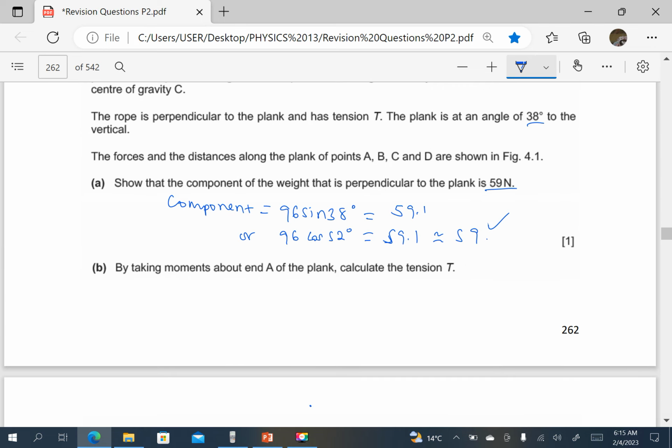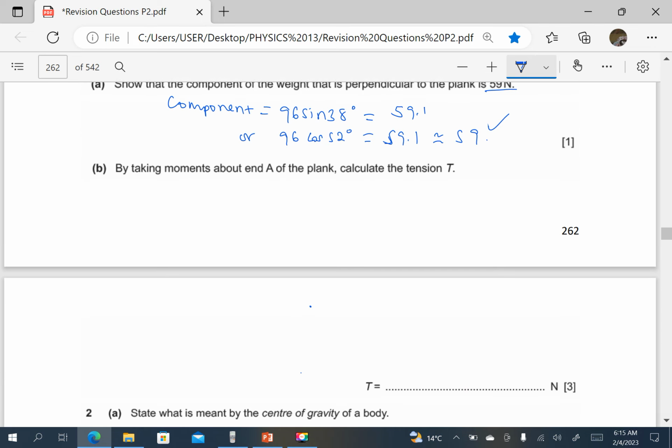So they said, by taking moments about end A of the plank, calculate the tension T. We have seen the moments. We have seen that the sum of anticlockwise moments was T times the perpendicular distance, which is 1.5 plus 0.3, plus the perpendicular component of the weight, which was 59, times its perpendicular distance, which is 1.5.